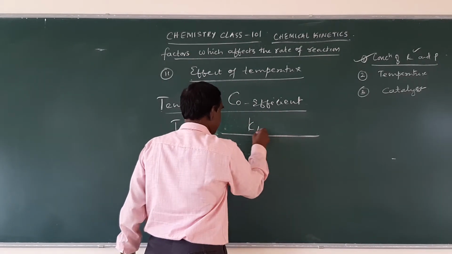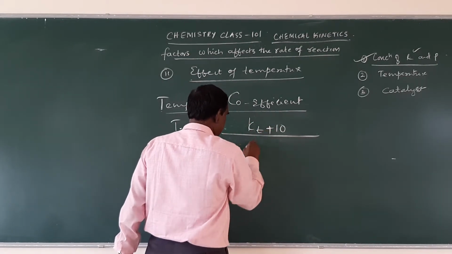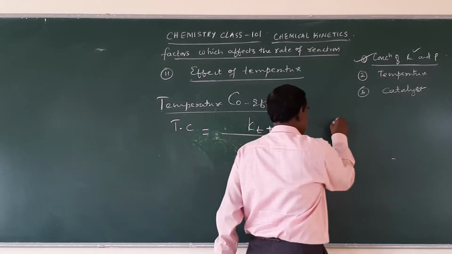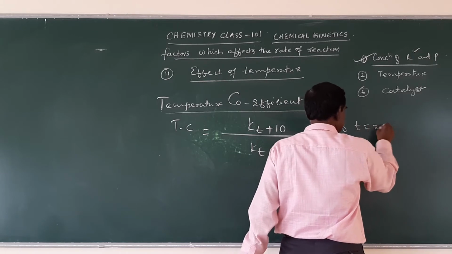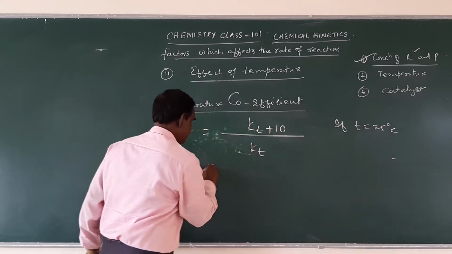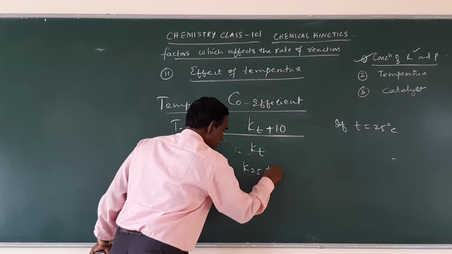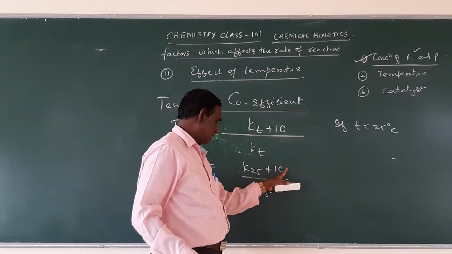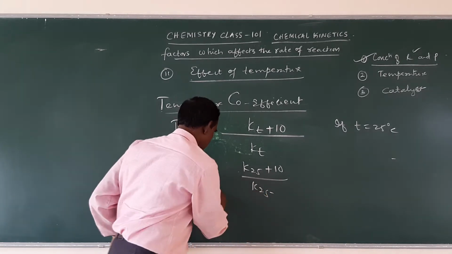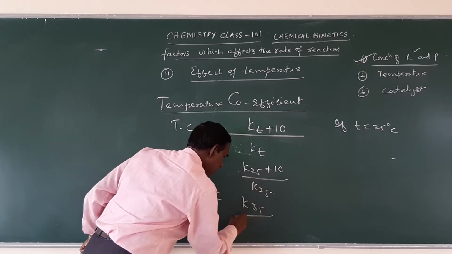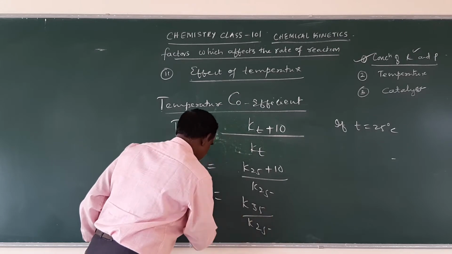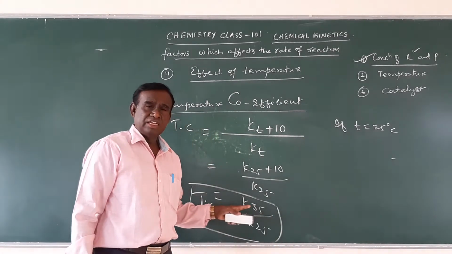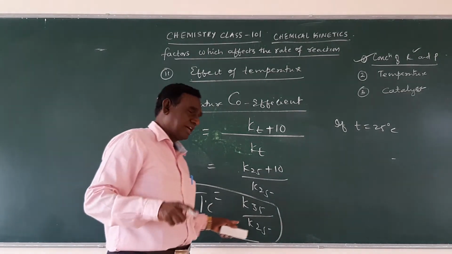That is kT plus 10 divided by kT, where T is the temperature. For example, if T is equal to 25 degrees Celsius, then it becomes K25 plus 10 divided by K25, the rate constant at 35 divided by the rate constant at 25. That is the temperature coefficient: the ratio of the rate constants.